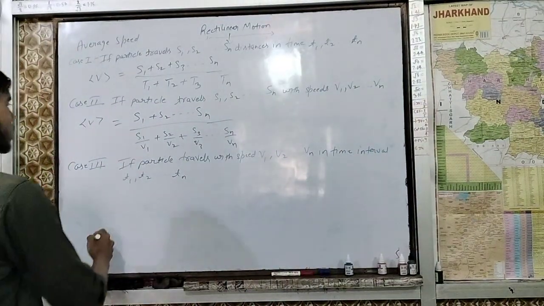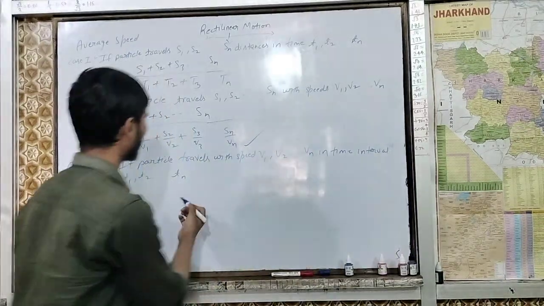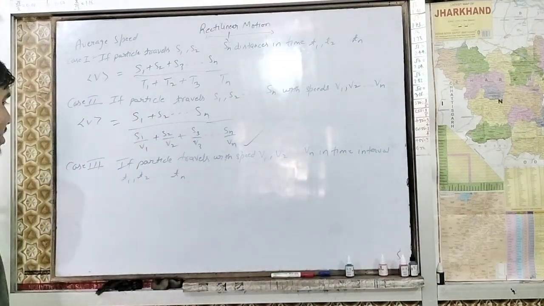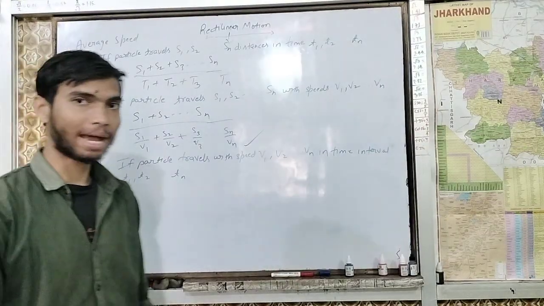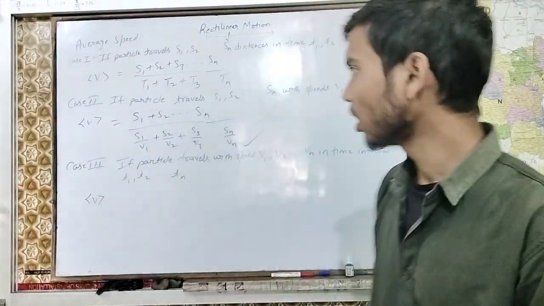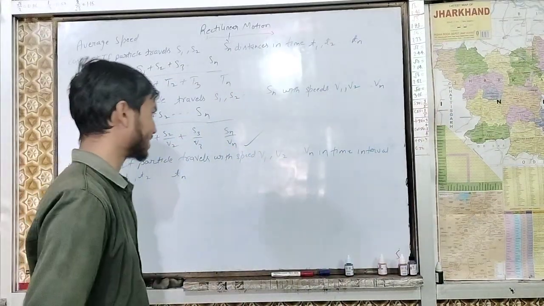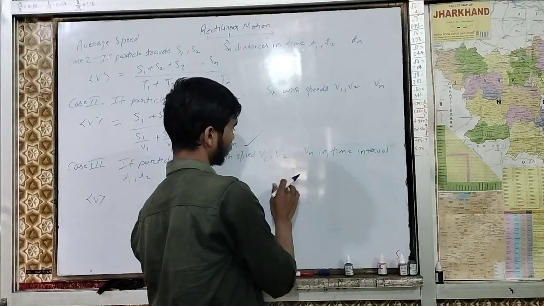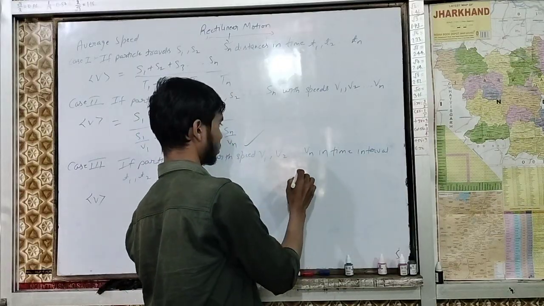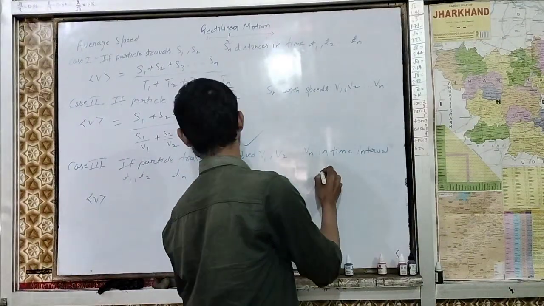It's very simple. Since you have understood till here, this will become very easy for you. So tell me what will be the average speed for the third case. Total distance is not given, so the first thing is to calculate total distance.